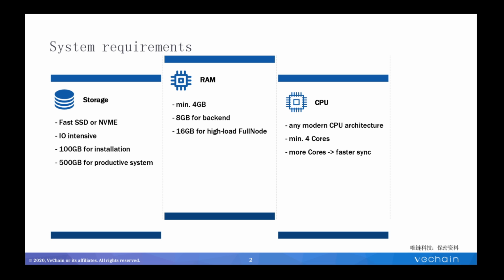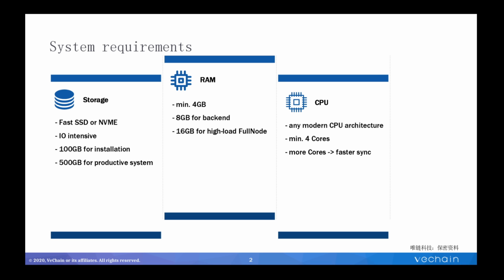If you're planning on running a productive node on a productive system, it's advisable that you have about 500 gigabytes in total. So the 100 gigabytes will be consumed on first synchronization, and the other 400 gigabytes will be there to run the node for the near future. Because if you have to upgrade your node every 20 gigabytes, then you have a lot of downtime.